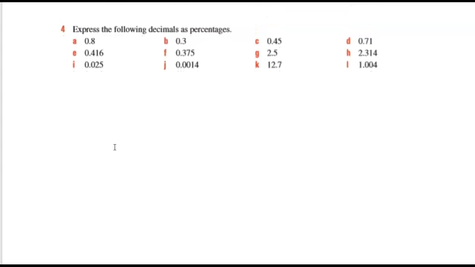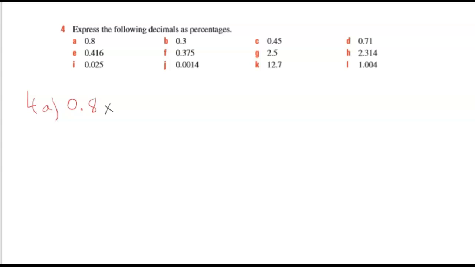Okay. Let's scroll on to question 4. So express the following decimals as percentages. All right, so remember percentages are out of 100. So before, when we were going from percentages to decimals, we were dividing by 100. When we're going the other way around, from decimals to percentages, we multiply by 100.